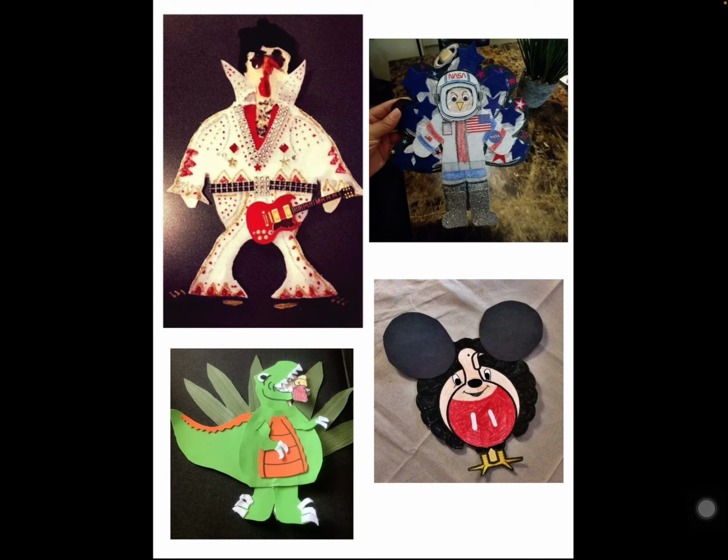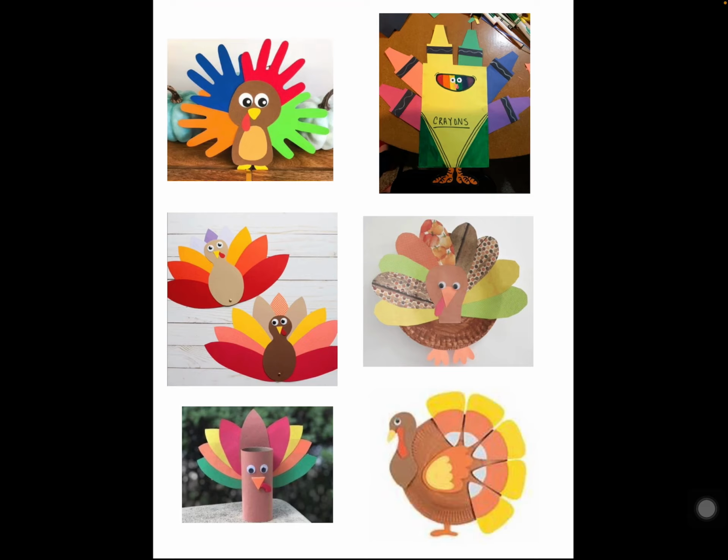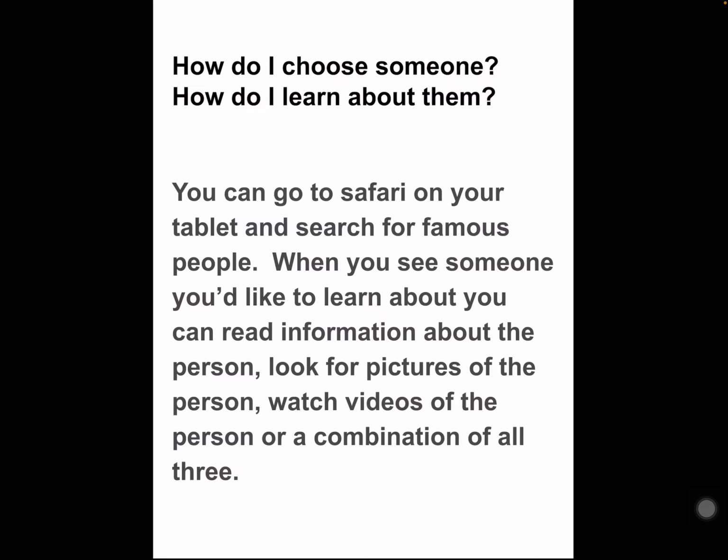Maybe you could write about Walt Disney, and there is a turkey that is dressed up like Mickey Mouse because Walt Disney invented Mickey Mouse. Here are just some other ideas for turkeys, but remember, if you do the turkey, you still need to write the information and glue it on your turkey or on the back or record it and tell me about your turkey dressed as a famous person.